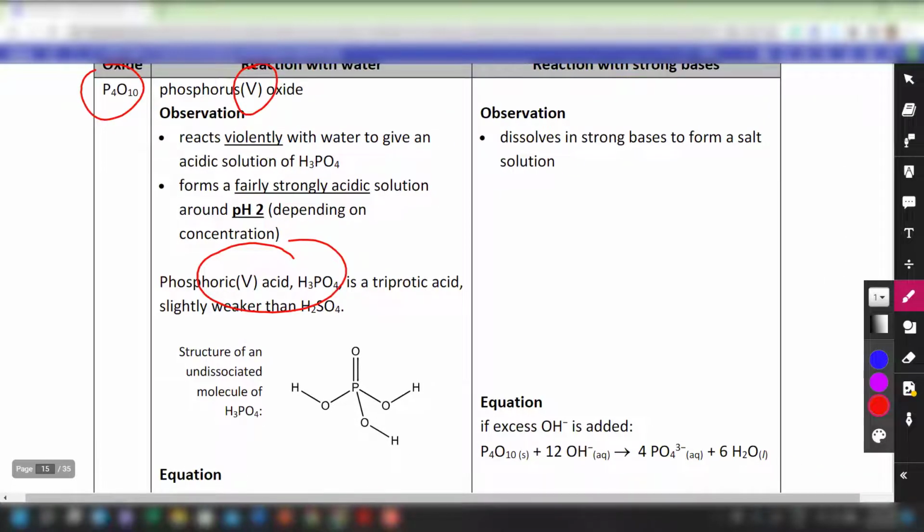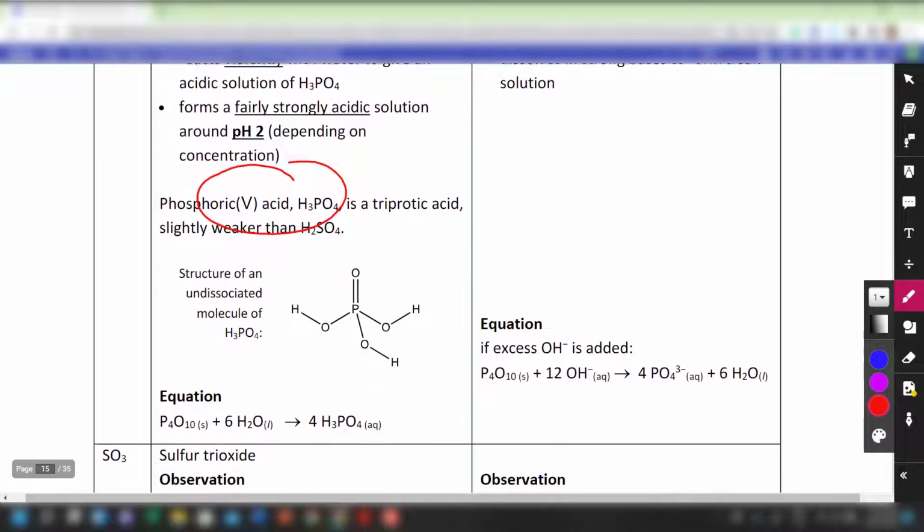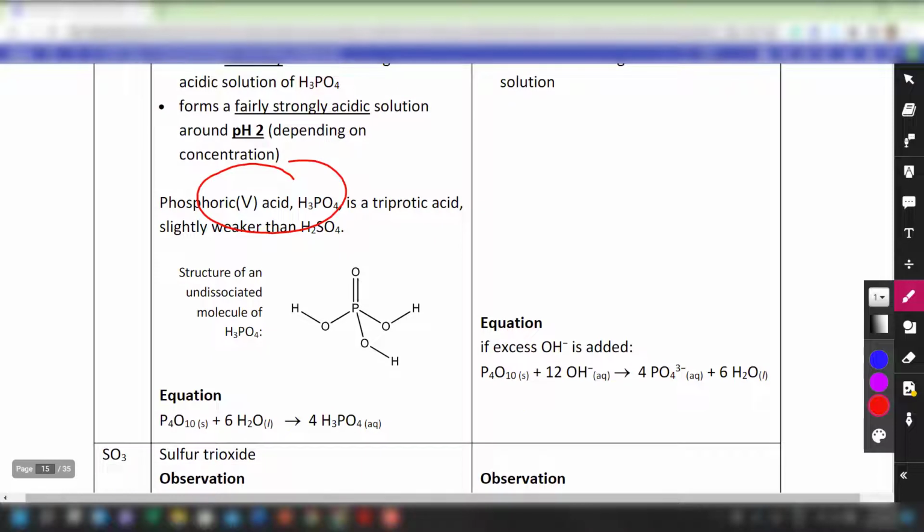In excess base, similar to phosphoric acid, phosphorus(V) oxide will result in the formation of phosphates as well. Because the hydrolyzed form of phosphorus(V) oxide is phosphoric acid, you will end up with phosphate with a +5 oxidation state.